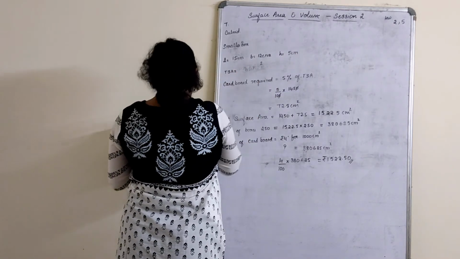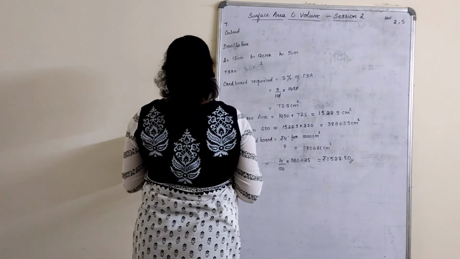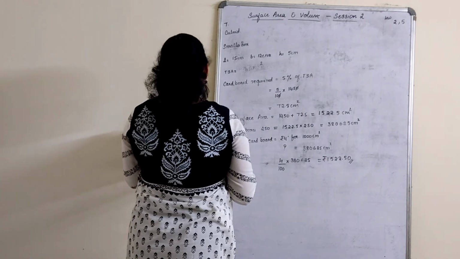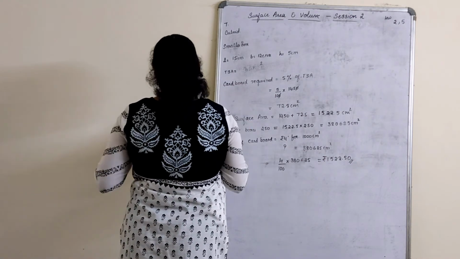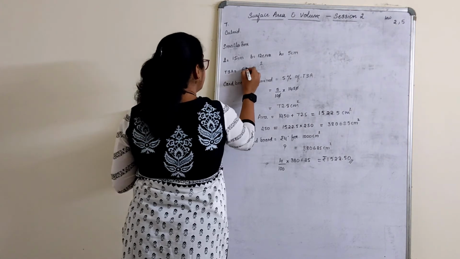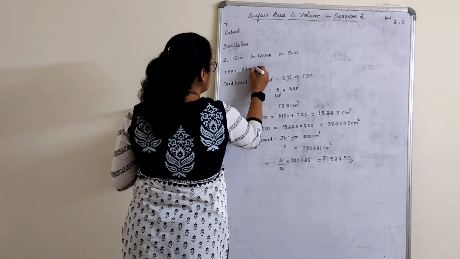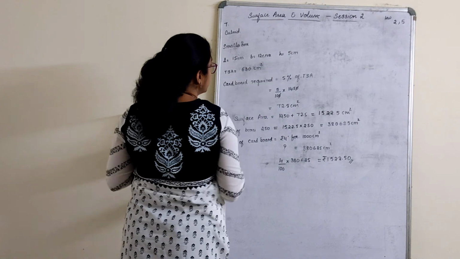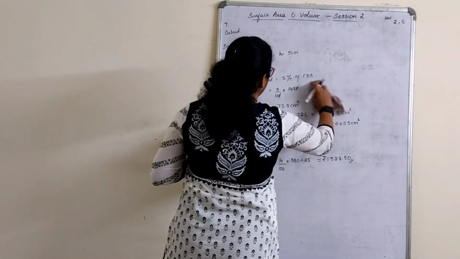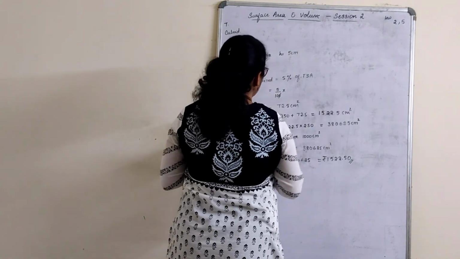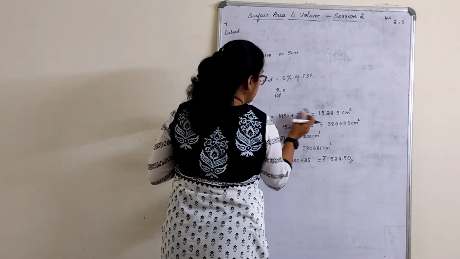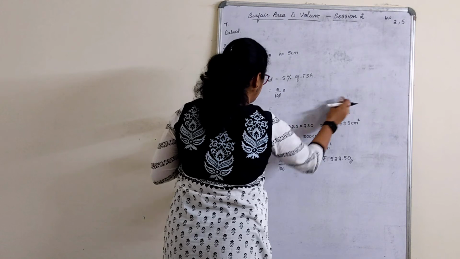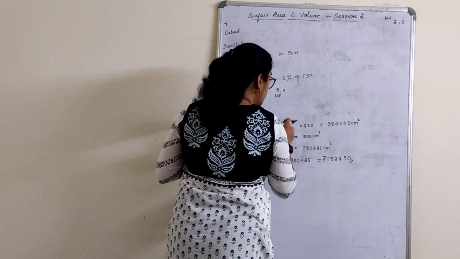The TSA calculation for the smaller box would be 630 centimeters square. Cardboard required is 5% of the TSA, no? So I will only go on cancelling and rubbing these answers because that is what is required. Remaining all I will keep as it is.